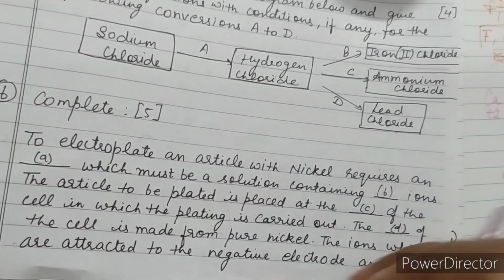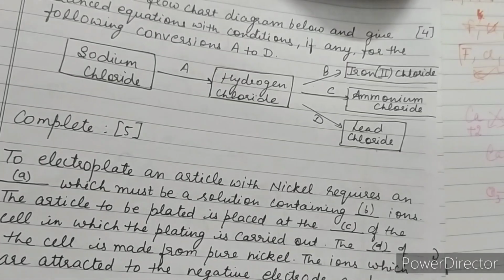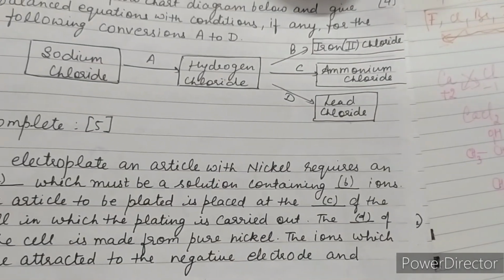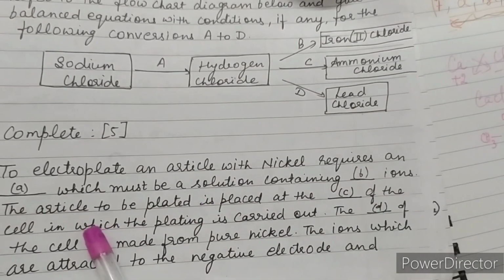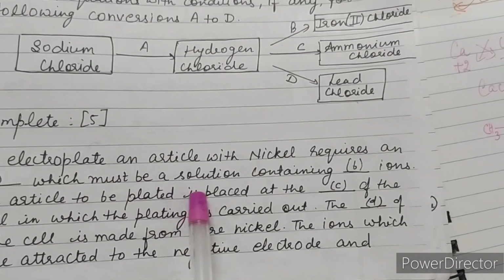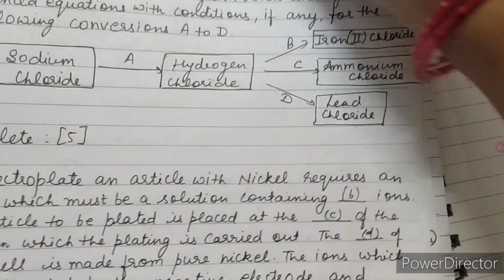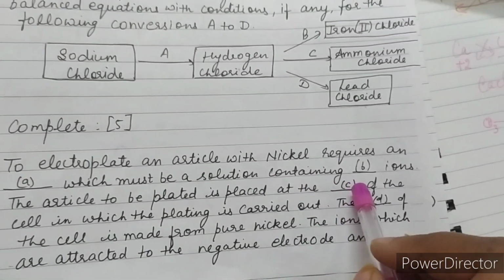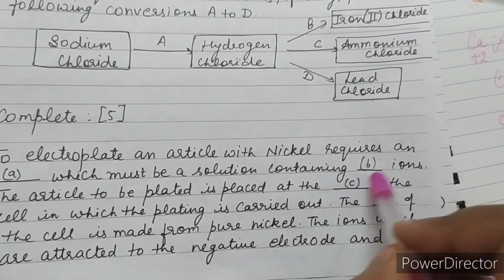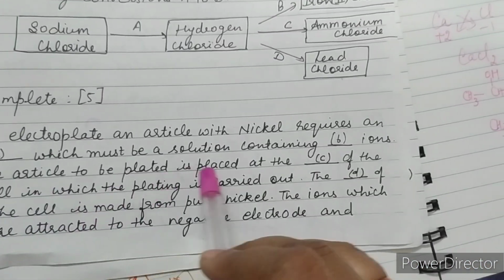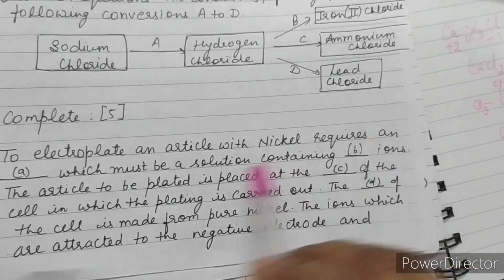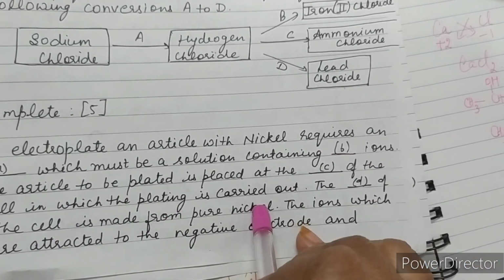Now next, come to the next question, that is complete. To electroplate an article with nickel requires an electrolyte which must be in a solution containing nickel ions. The article to be plated is placed at the cathode of the cell in which plating is carried out.